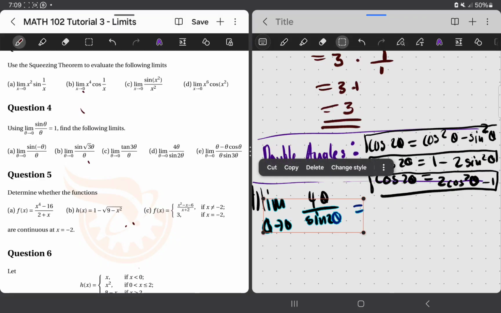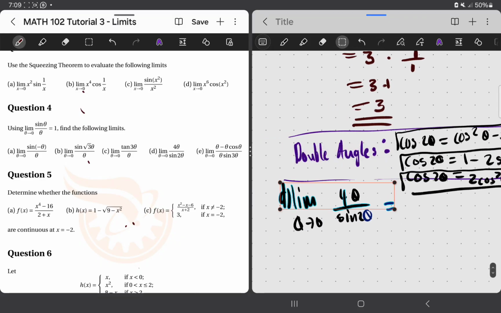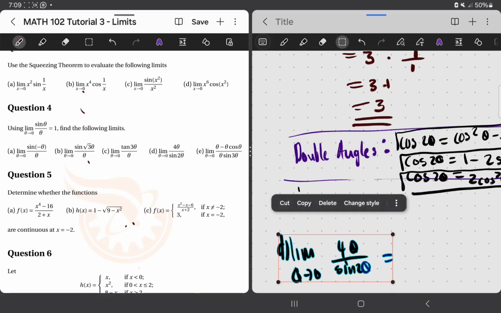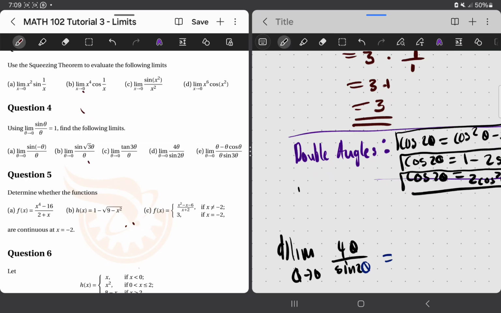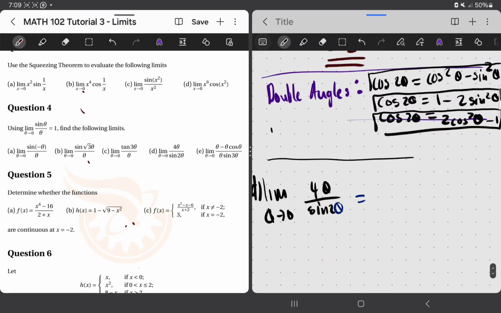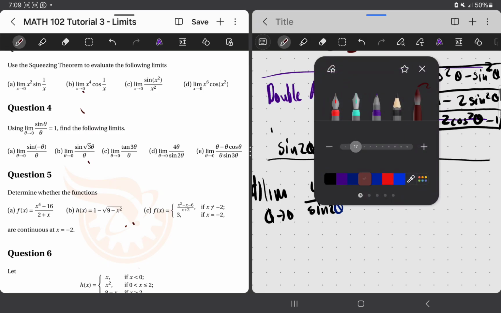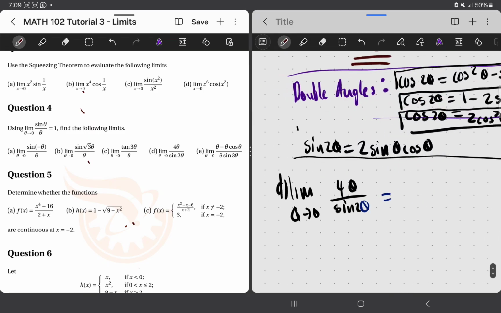Now, sine 2 theta only has one form, which is 2 sine theta cos theta. Practice this one and make sure you know it, and you can now come and solve this.